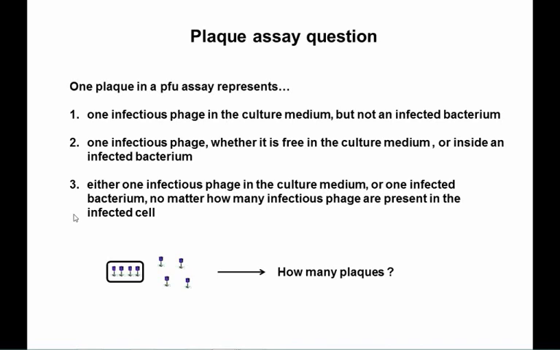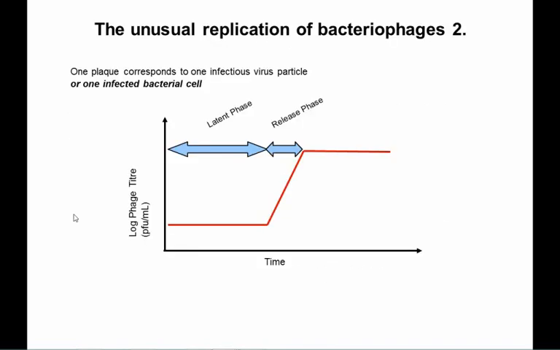So this will give you one plaque on the plate, and it's not going to give you 4. So one plaque means one free phage, or one infected cell, and it doesn't matter how many virus particles are on the inside. Okay, so that's what that means. Oh yeah, I wrote the answer here for you.